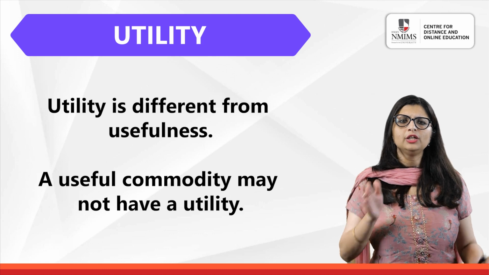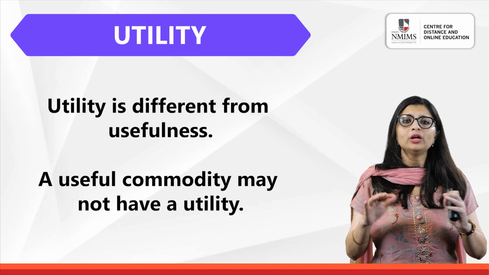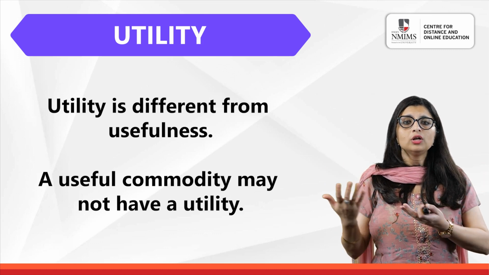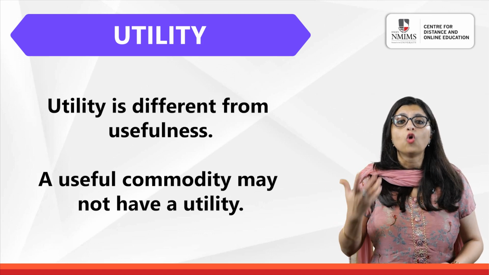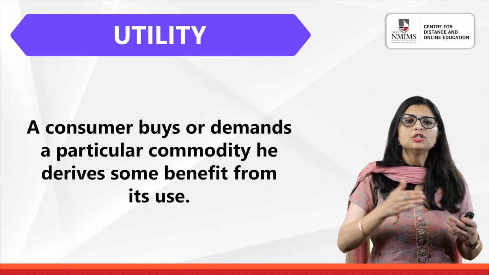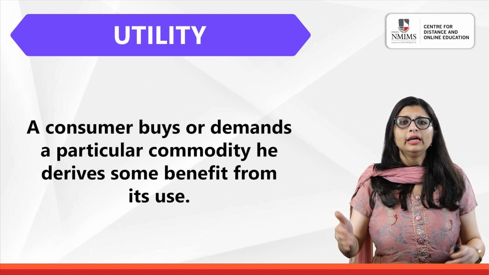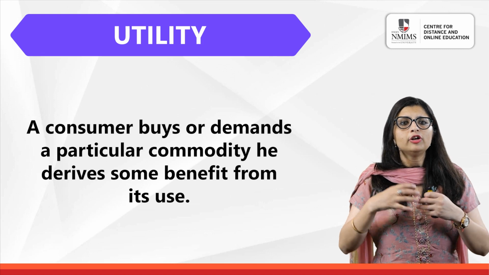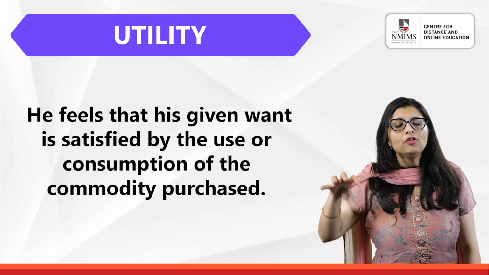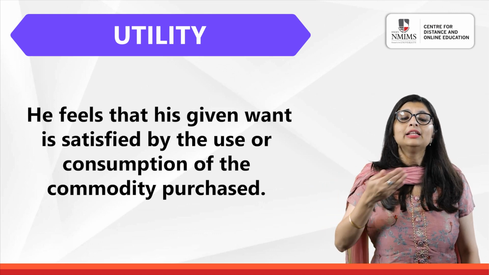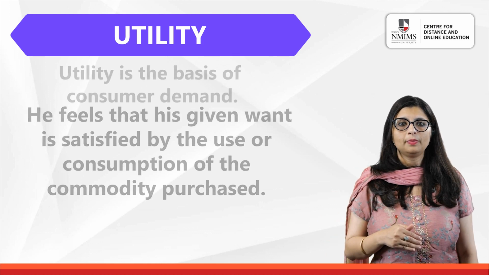There is a difference between utility and usefulness. A useful commodity may not have utility. The utility of goods depends upon the intensity of the want, basically. So, when a consumer buys or demands a particular commodity, he derives some benefit from its use. He feels that his given want is satisfied by the use or consumption of the commodity purchased.